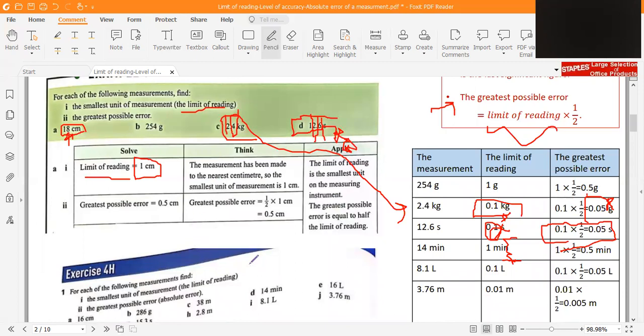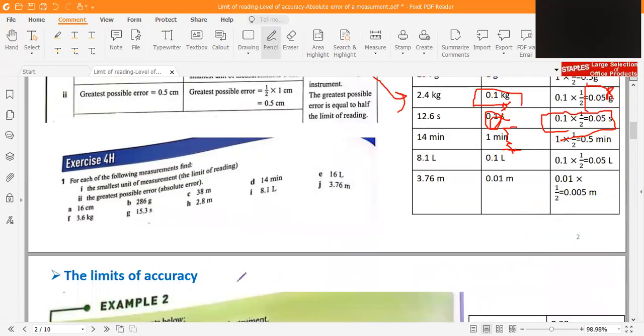Okay, so we can move to 14 minutes, which we have in the exercise. 14 minutes, we have here a whole number, an integer without a decimal point.